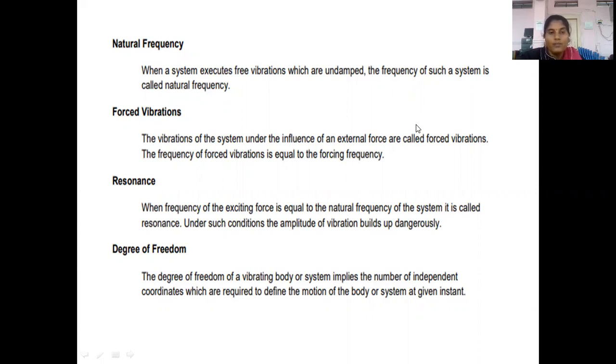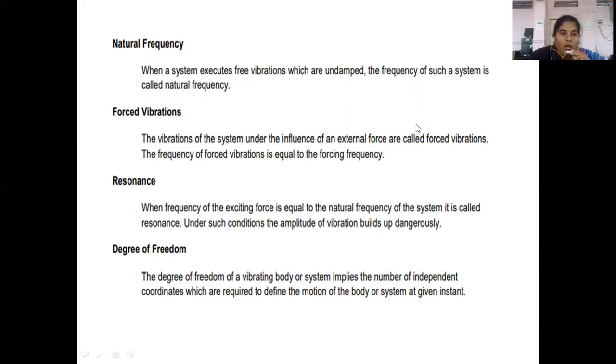When a system executes free vibrations which are undamped, the frequency of such a system is called the natural frequency.